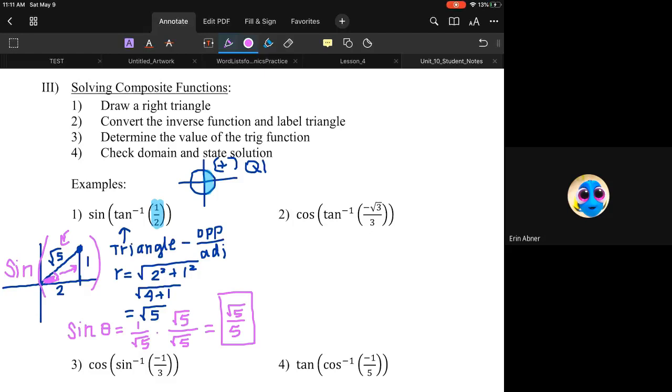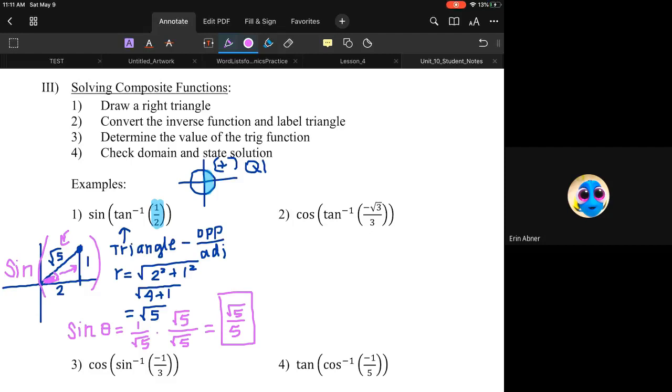Okay, all good on that one. Now let's look at the next one. So now it's telling me I need to do another triangle, but they gave me the tangent again of that triangle. So I need to figure out which quadrant I'm in. I'm talking about the inverse tangent again.